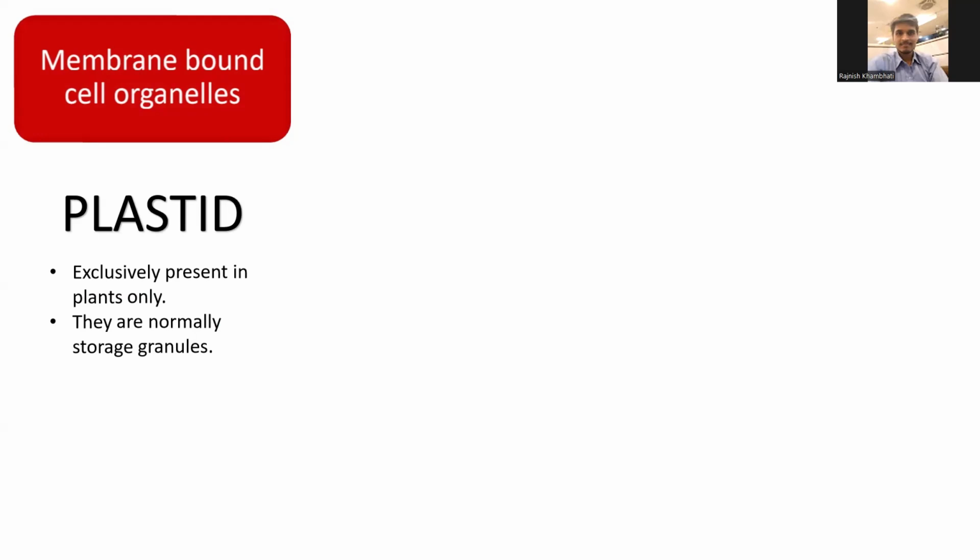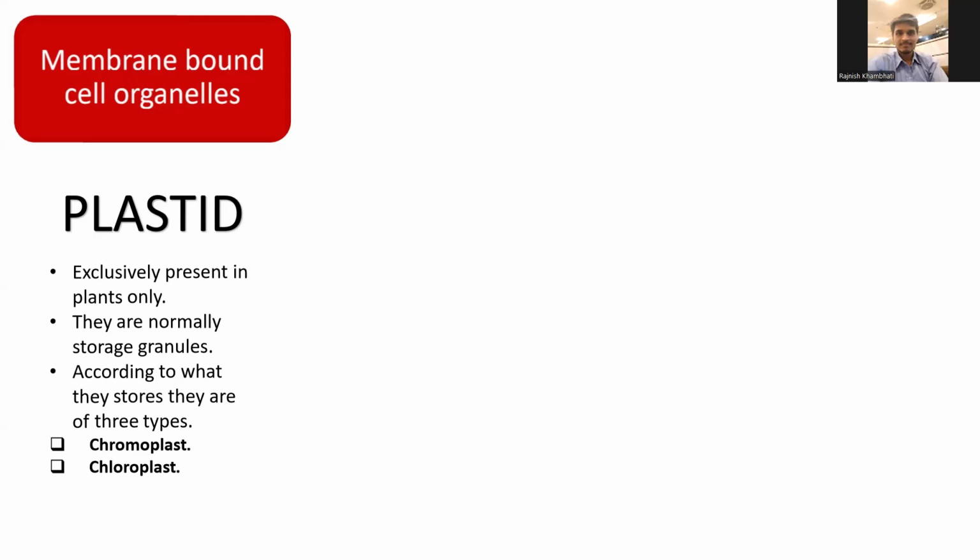That's why they are called storage granules. According to what they store, they are of three types. One is called chromoplast, other is called chloroplast, and the third is called leucoplast.